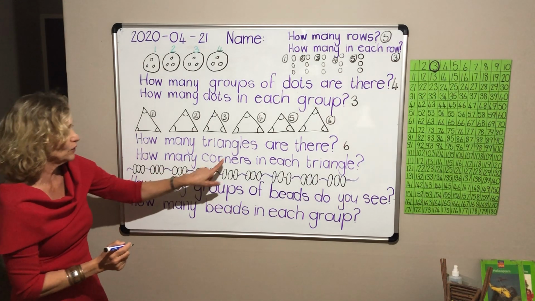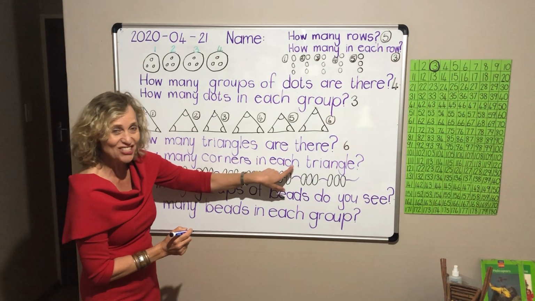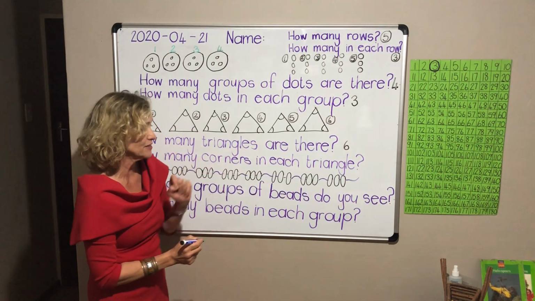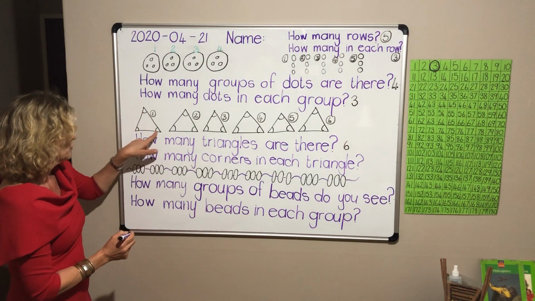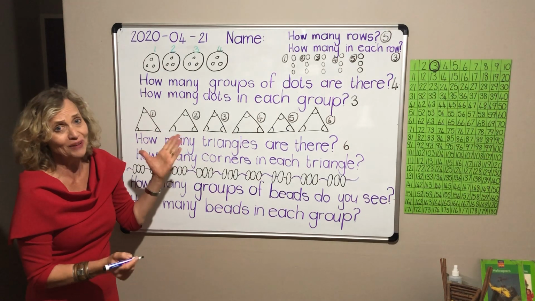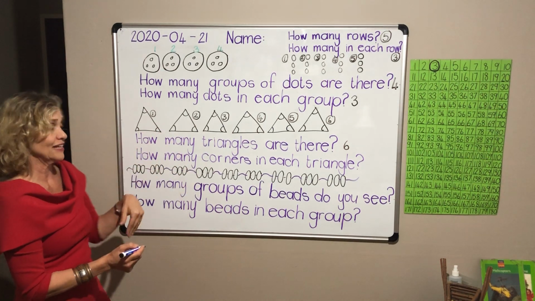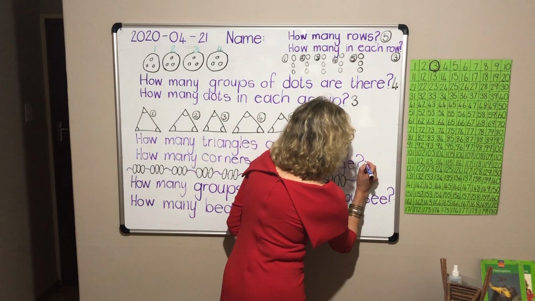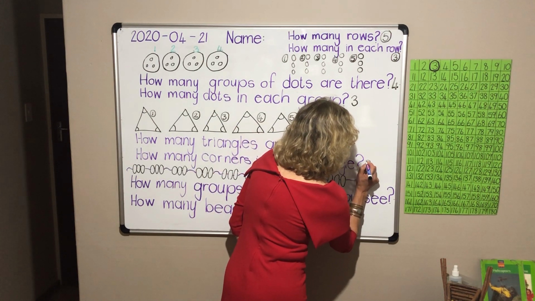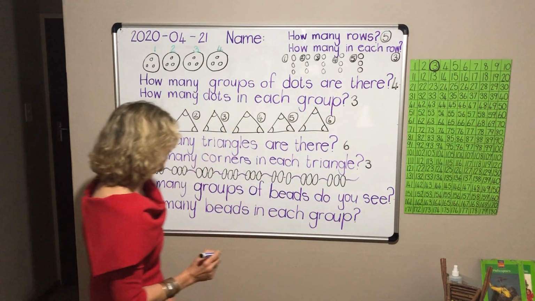How many corners in each triangle, right? So the corners in each triangle, 1, 2, 3. And it's always 3. We know a triangle has 3 sides, 3 corners. So it's easy for us, this one. We'll just write 3. Very good.